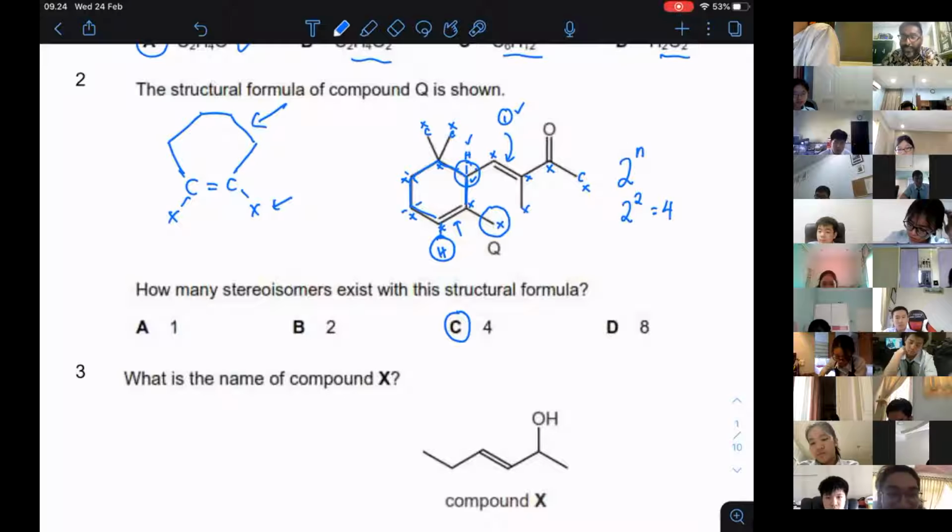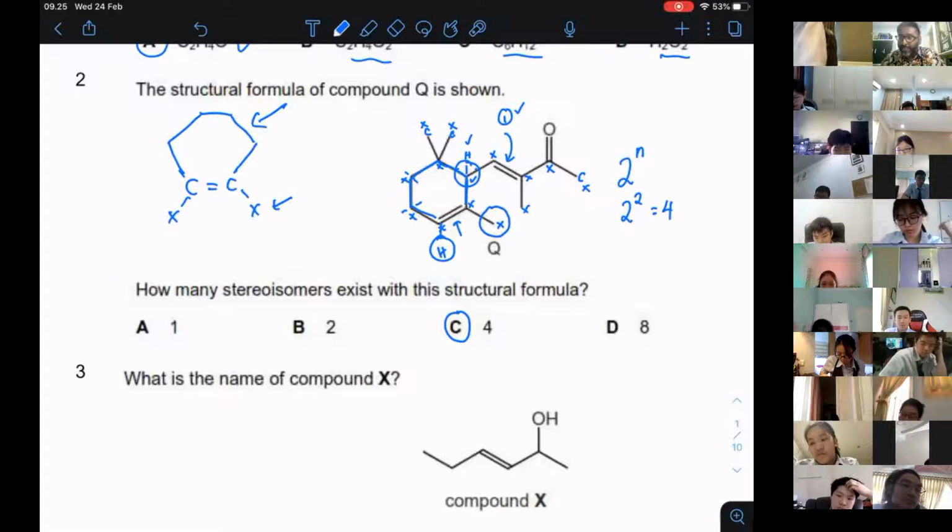The answer is not possible. How are you going to do that? It's not possible. Can you understand this, Kenneth? In order to do that, you must have individual groups. This is what I want you to understand, because this is what I found out also: they like to test on this as well.